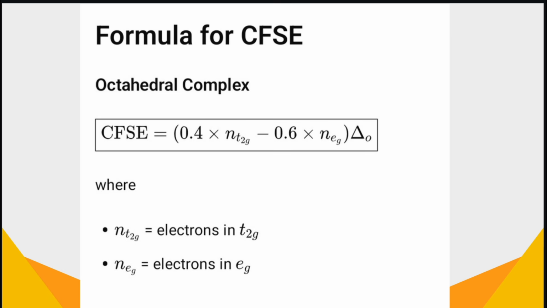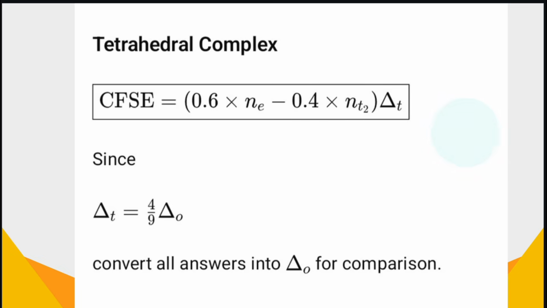Here nt2g is the electrons in t2g and neg is the electrons in eg. For a tetrahedral complex, CFSE is equal to (0.6 × ne − 0.4 × nt2) × delta T. Since delta T is equal to 4/9 delta naught, convert all answers into delta naught for comparison.